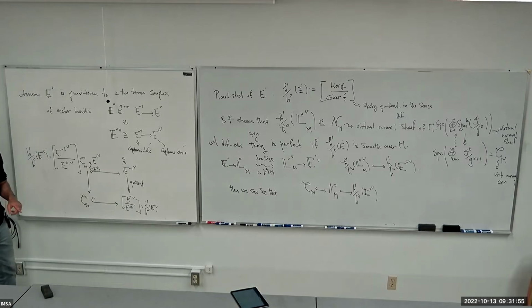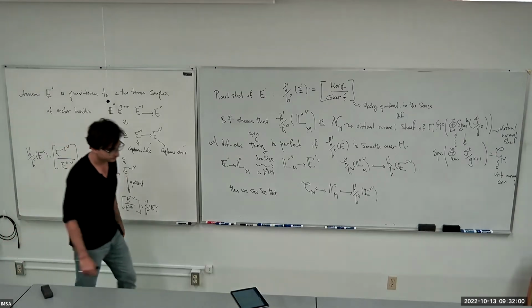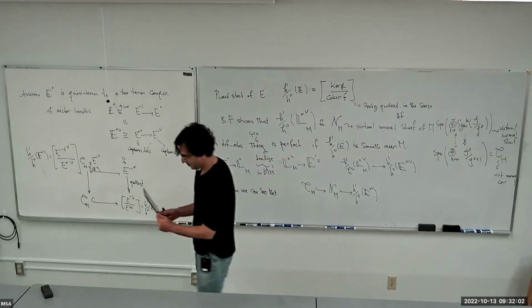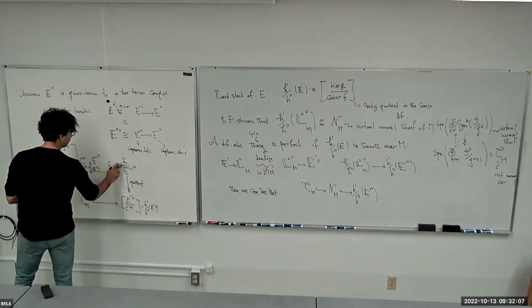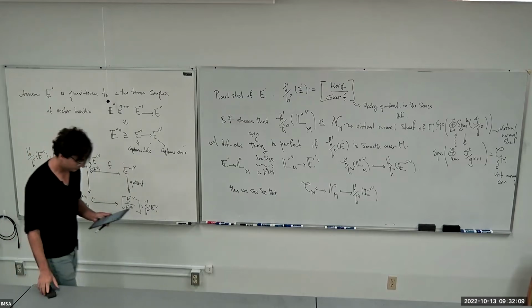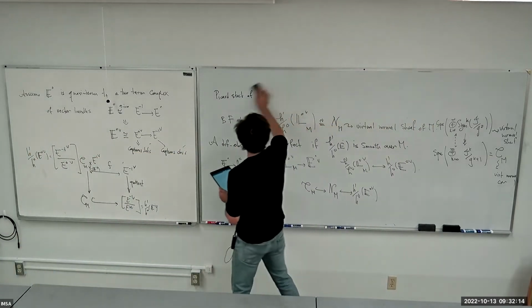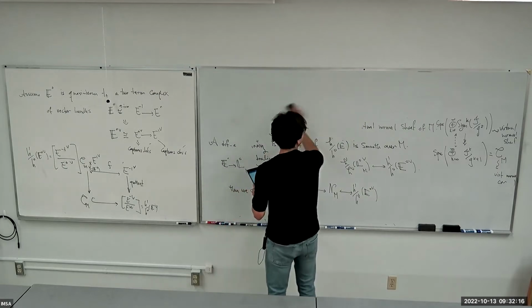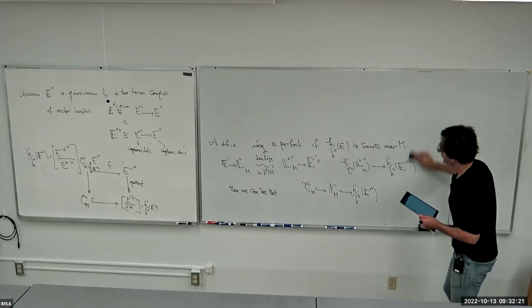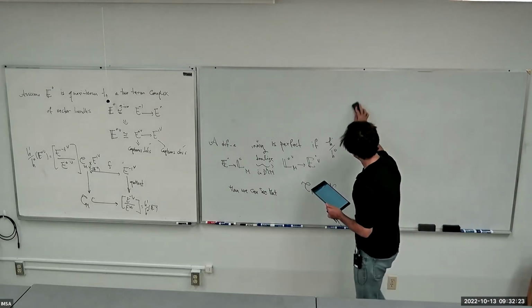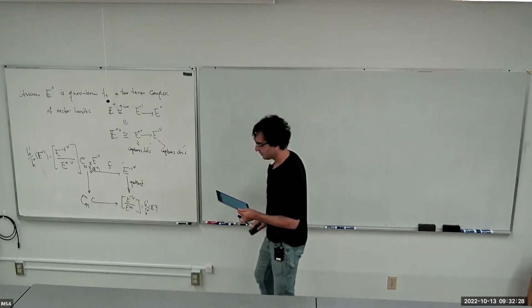So all I need to do is basically intersect with the 0 section of this one. So let's call this map F.